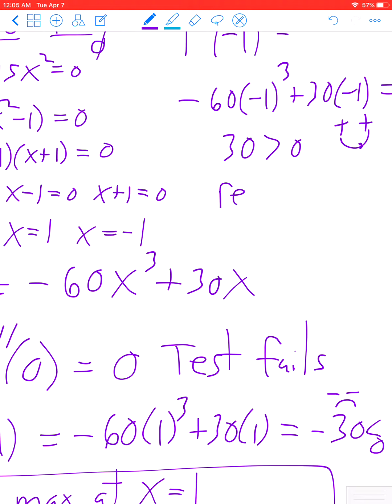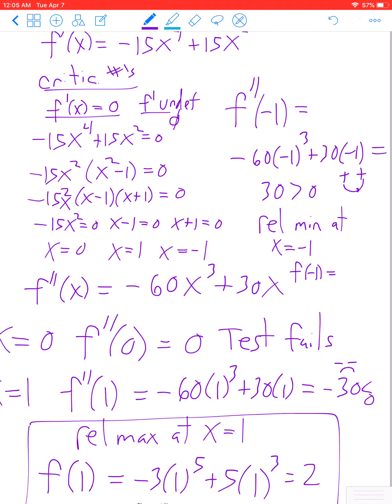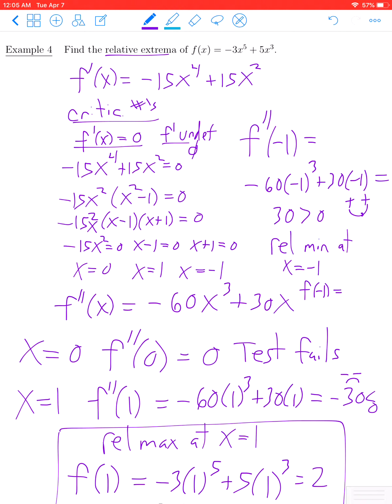So we have a relative min at x equals negative 1. If you want the value of that relative min, you need to take negative 1 and stick it into the function. I'll let you do that on your own, but if you evaluate f of negative 1, this is going to be positive 3 minus 5, which is negative 2.